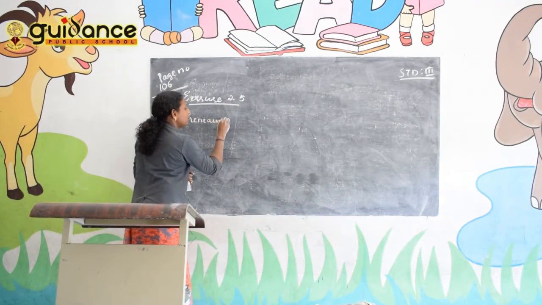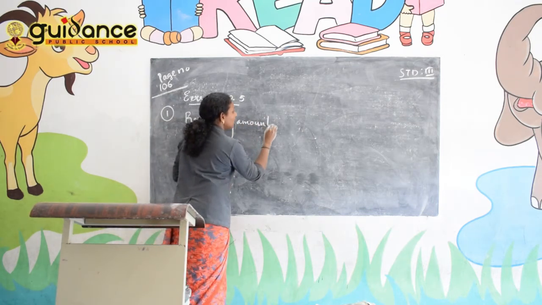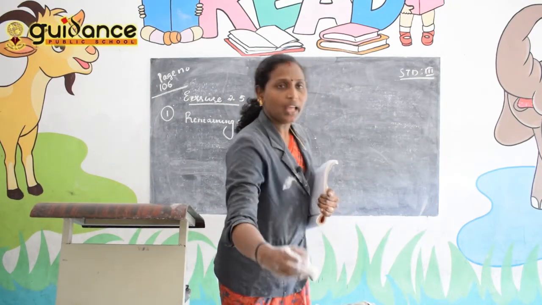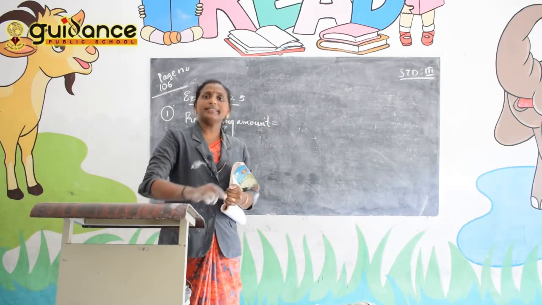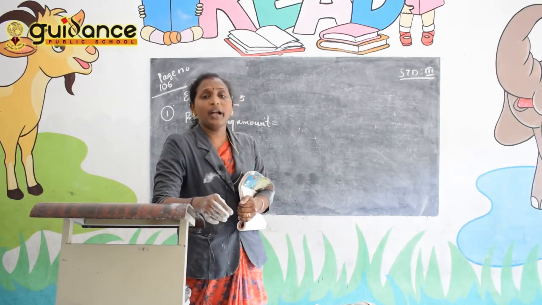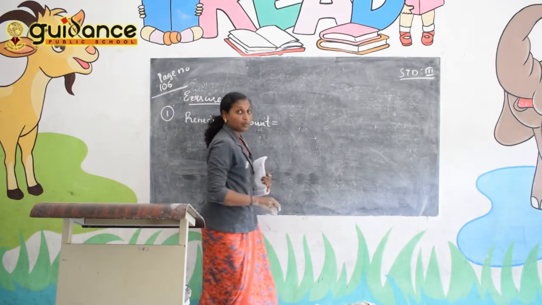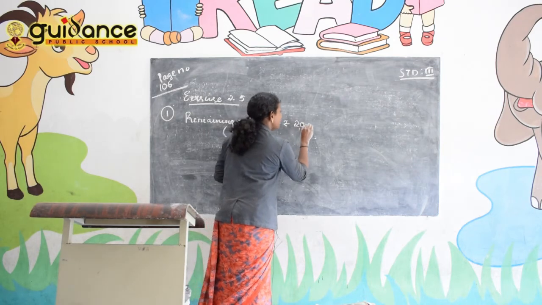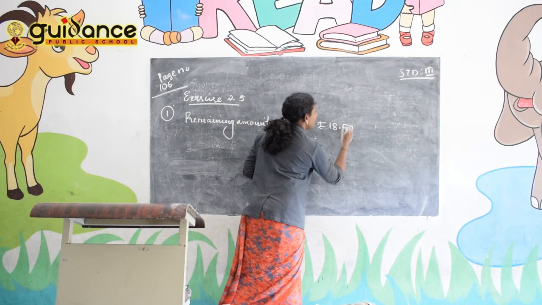So how will you find the remaining amount? He had 20 rupees and he spent 18 rupees 50 paise for the chocolate. How will you find out the remaining amount? Subtract. That means rupees 20 minus 18 rupees 50 paise.